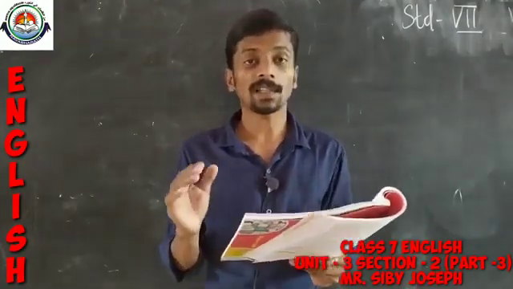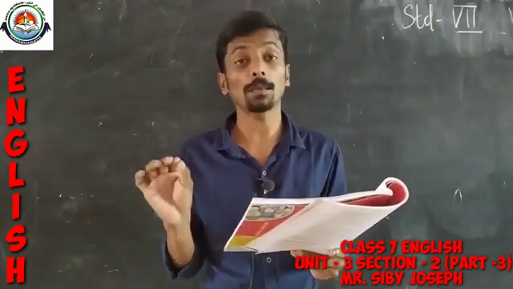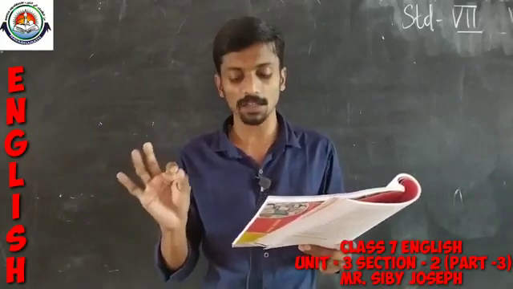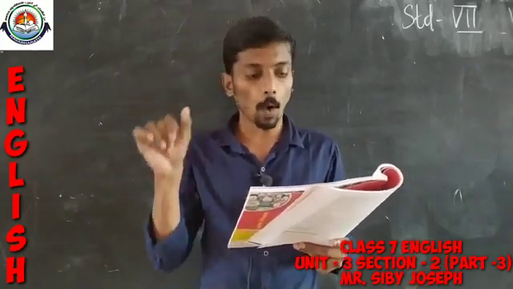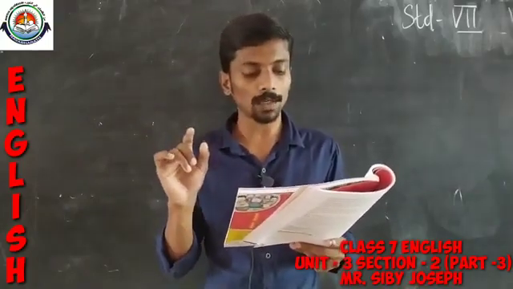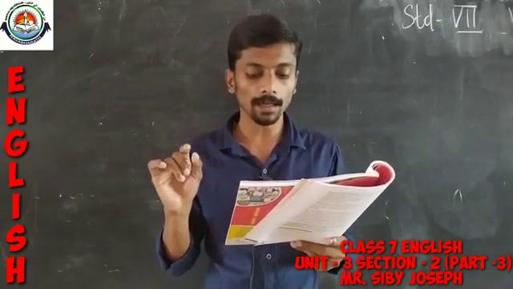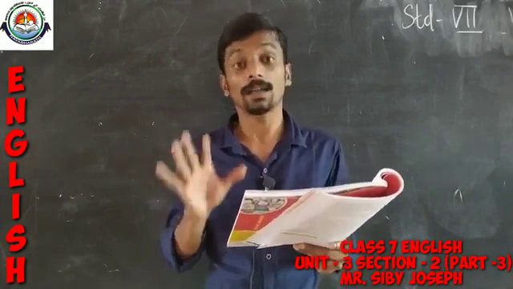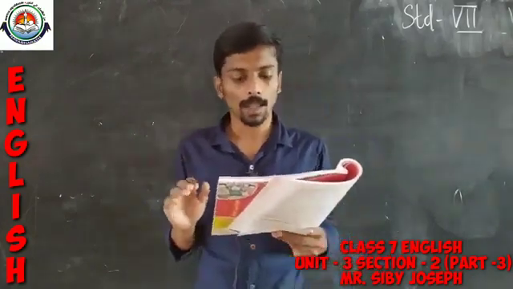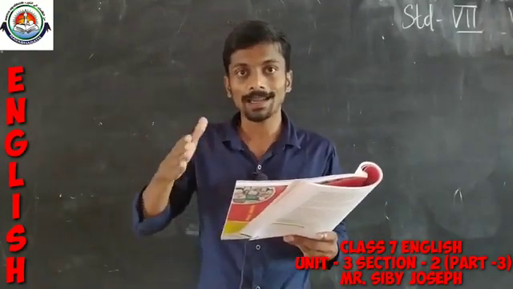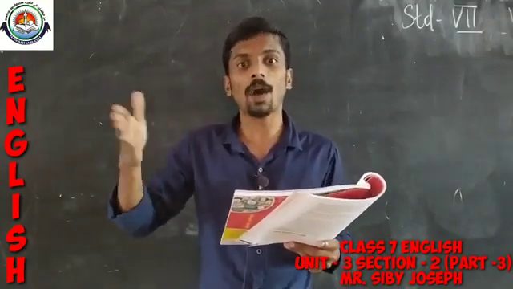After that you have to draw 3 columns in your notebook and take page number 61. There is a box given, and in that box 13 words are given. You have to select all those 13 words and categorize them into 3 columns.